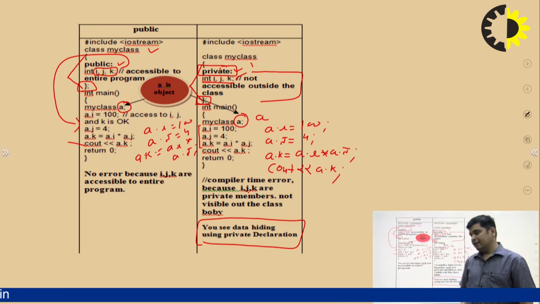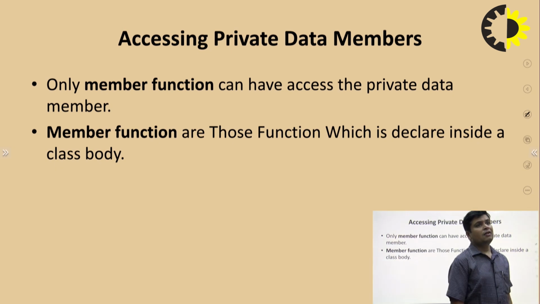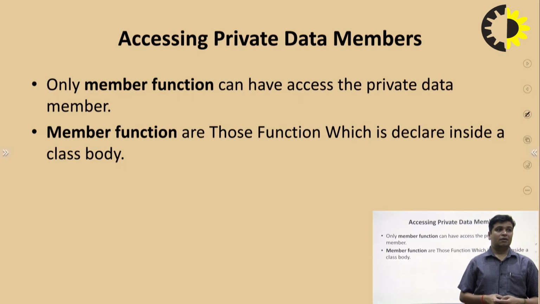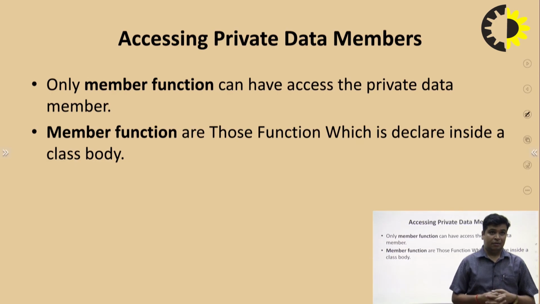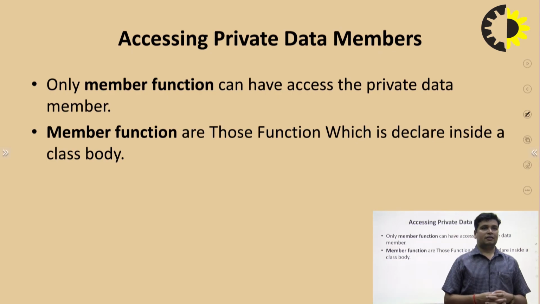Next comes the question in the mind: how can we access the private data members? If we have any private data members, then those private data members are only and only accessible by the member function of the class.